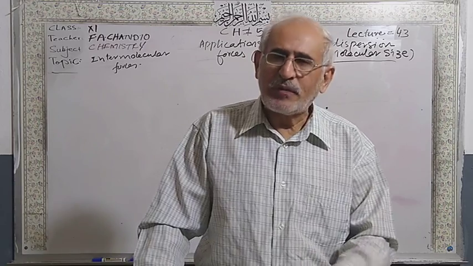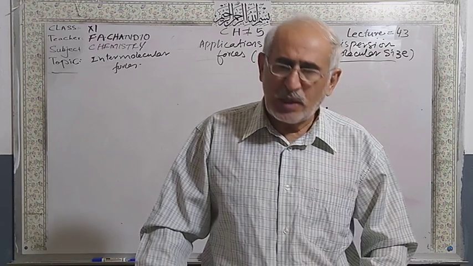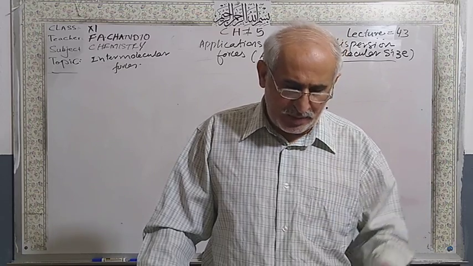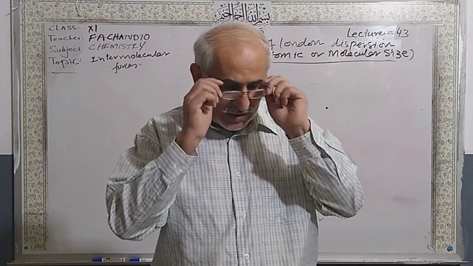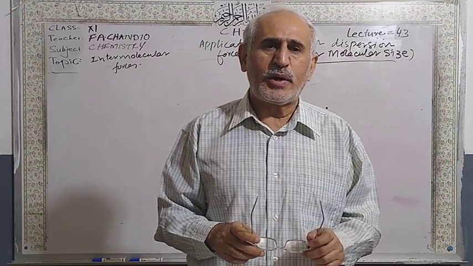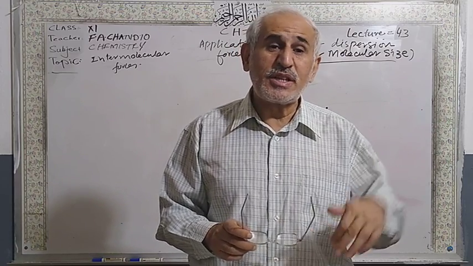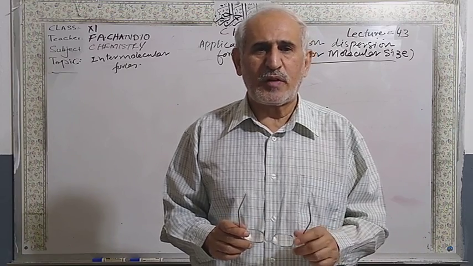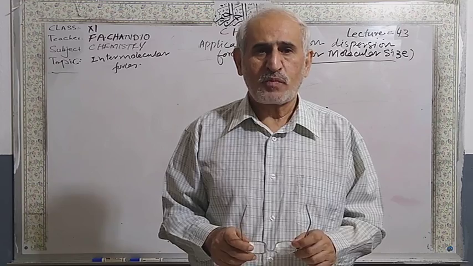So if you see the table given in your book, the boiling points of the noble gases: for helium, the first element, minus 268.6 degrees centigrade, which is near the absolute zero, minus 273.15 degrees Celsius.